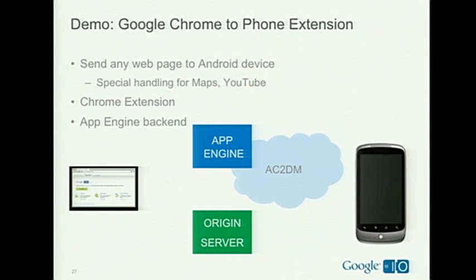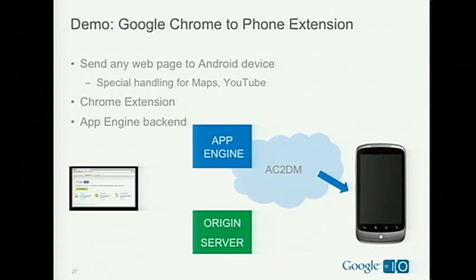Let's take a look at how this works. First, you go ahead and view some web page in Chrome. The user will then go ahead and click on the Chrome to Phone extension, which makes a request to the App Engine backend. The App Engine backend then issues a request through the Android cloud-to-device messaging service, which will go ahead and send the message to the target device.